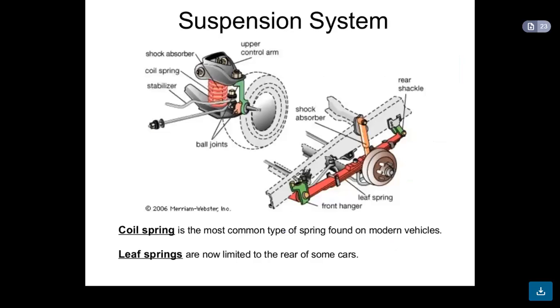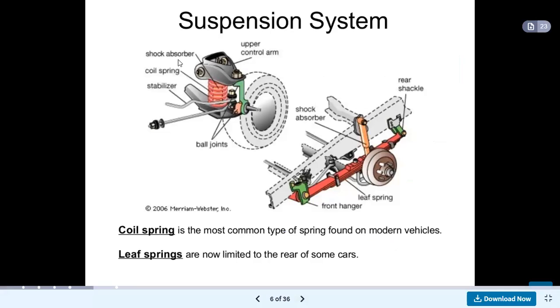Then if we see the components, upper control arm is present, then shock absorber is present, coil spring is present, stabilizer is available, ball joints are available. These are the components.